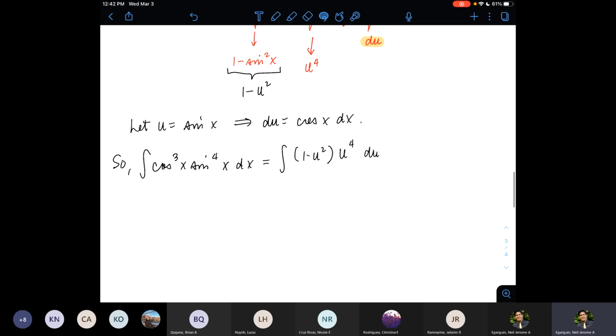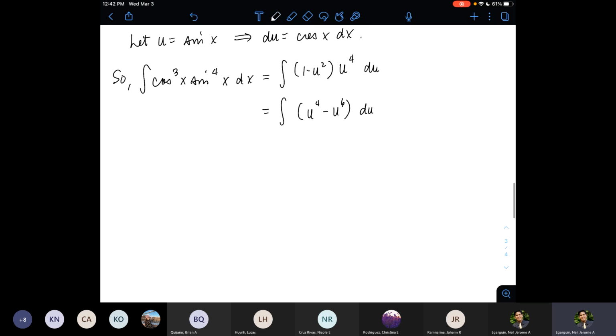The nice thing about this form is that this is just a polynomial in u, right? So you can simplify, and you get the integral of u to the 4th minus u to the 6th du, and integrating this is easy. Use the power rule, and then revert to the original variable.